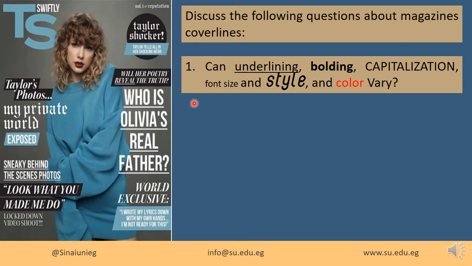Do you know the meaning of this question? The meaning of underlining, bolding, capitalization, font size, style, and color. If you don't know any of them, please open your dictionary.